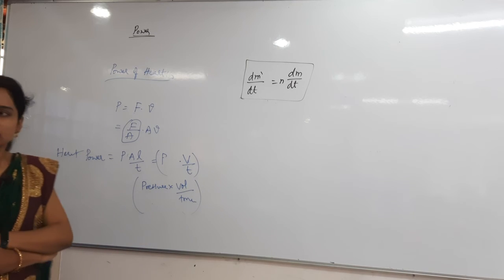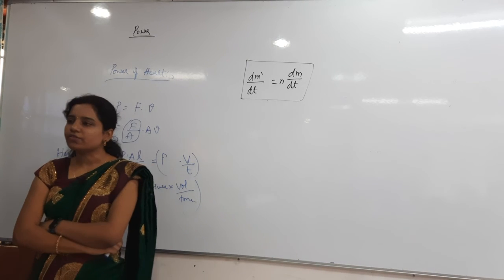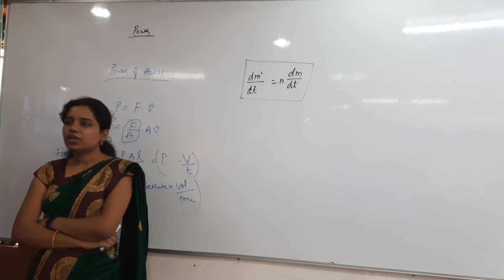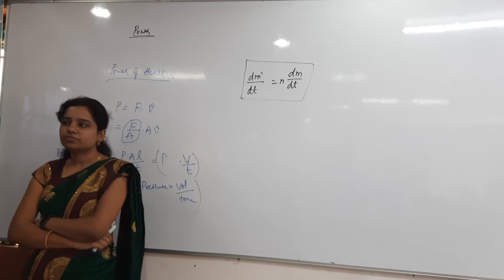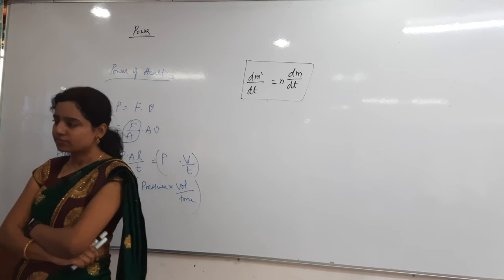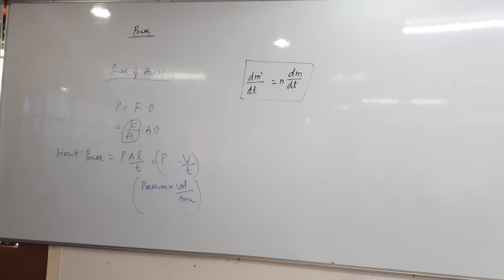N into V you got. V dash is nV, F dash is equal to how much? I think n square into F you will get. Correct.